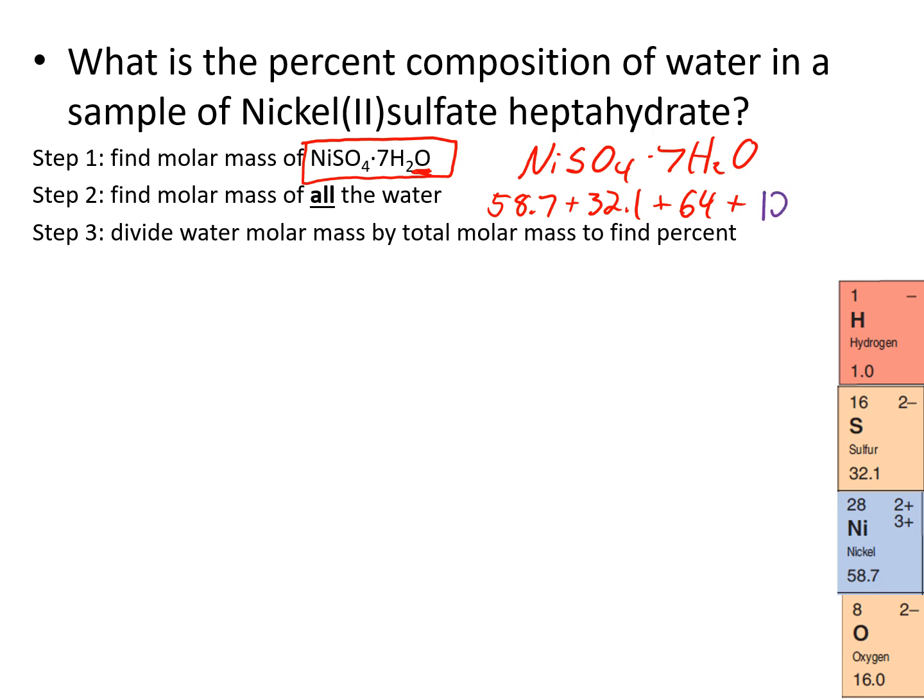So I'm going to write 126 in purple, and then we're going to find the total molar mass of this. So 126 plus 64 plus 32.1 plus 58.7, and that gives us a total molar mass of 280.8.